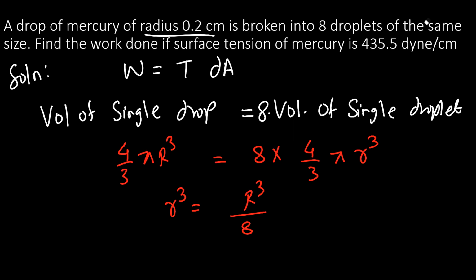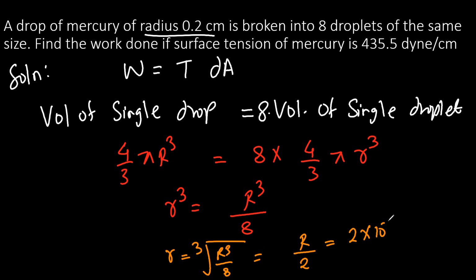If I take a cube root on both sides, what will I get for r? It's the cube root of R cube by 8. So what is the answer? It's R by 2. So what is R? R is 2 into 10 raised to minus 3. This 2 gets cancelled. So what is smaller? 10 raised to minus 3.